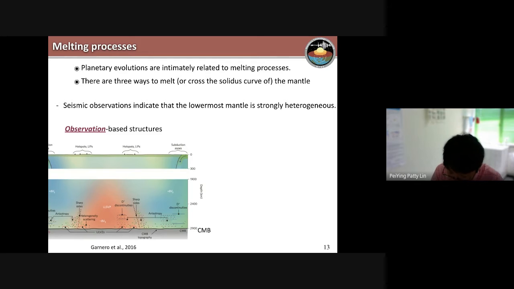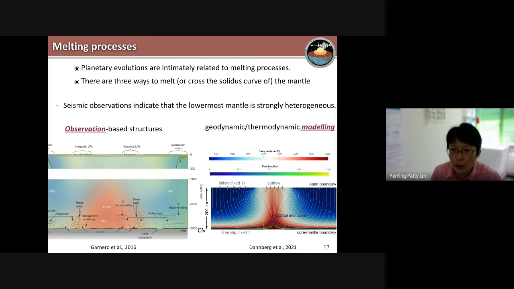The velocity at this depth close to the core is super slow in lots of areas. Usually when we see super slow velocity, we interpret it as a very hot area or a partial melt. So here I show you geodynamic and thermodynamic models.